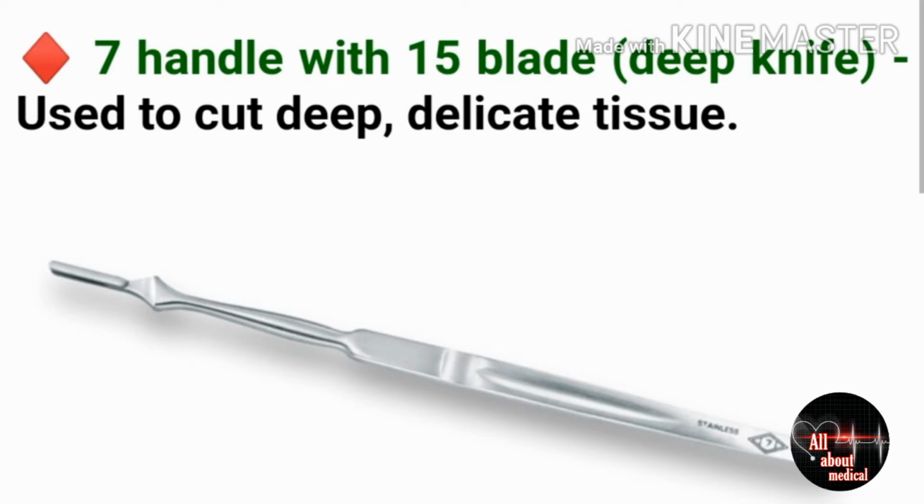It is used to cut deep delicate tissue. As you can see, the number 7 is written on the handle of this instrument, so that's the reason it's named 7 handle with 15 blade. It means a number 15 blade is fitted in this knife.